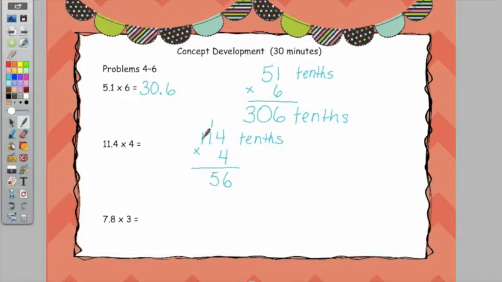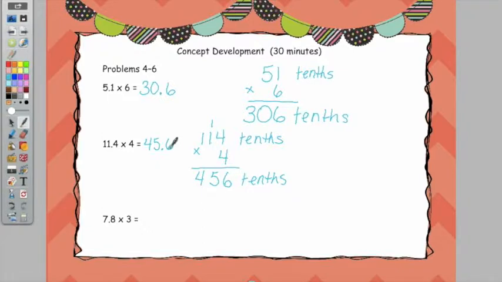And 4 times 1 is 4. Now I have to write the word tenths on there because this is unit form. So how do I write that with the decimal in it, Emily? 45.6. So the 6 is still in the tenths place, isn't it? Yeah. Okay.